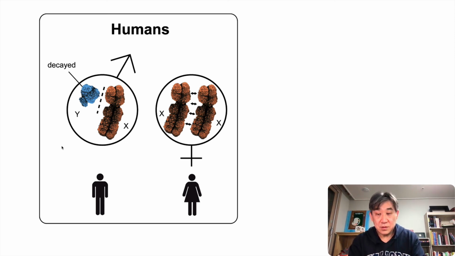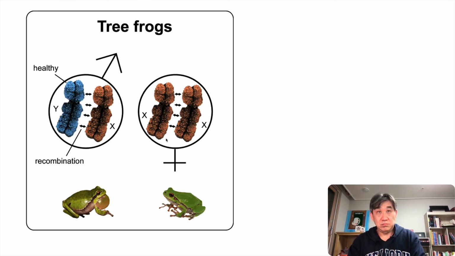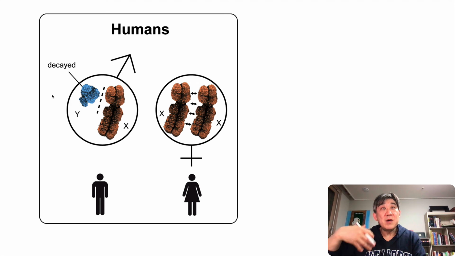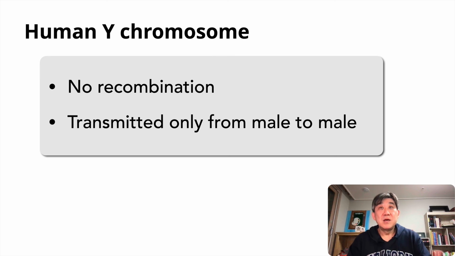In frogs it can, because the frog Y chromosome is kind of homologous to the X chromosome. But in higher mammals, X and Y chromosomes are not actually homologous, though they still align together during gamete production. So once again, the human Y chromosome has no recombination, which is very good for this purpose.